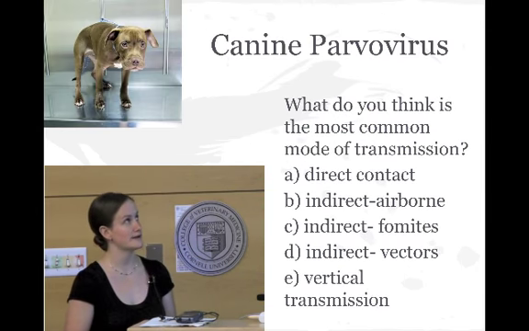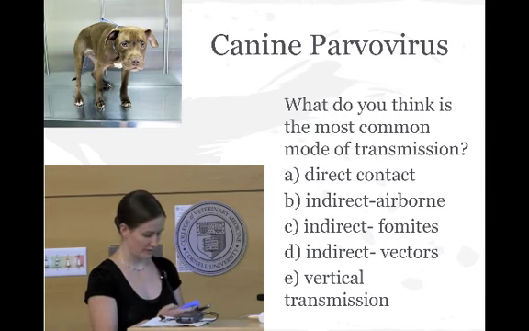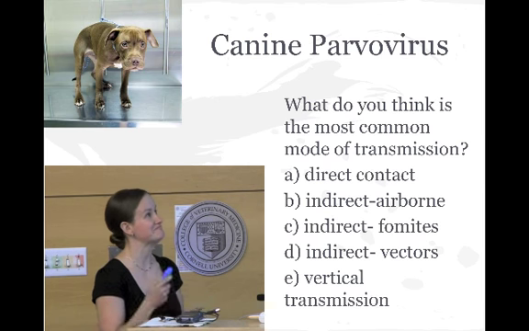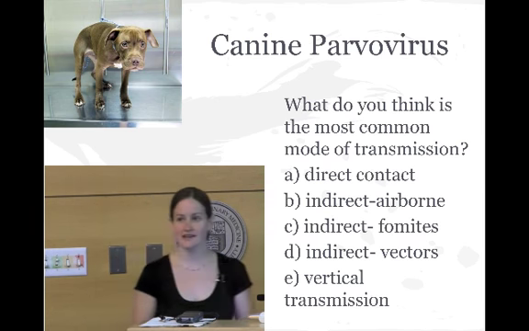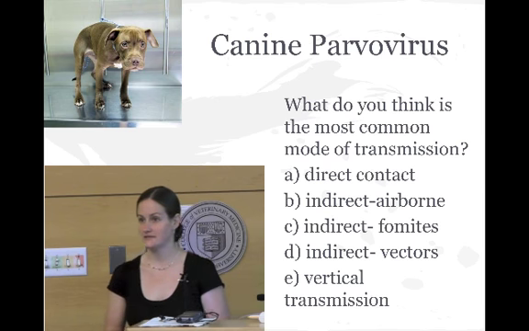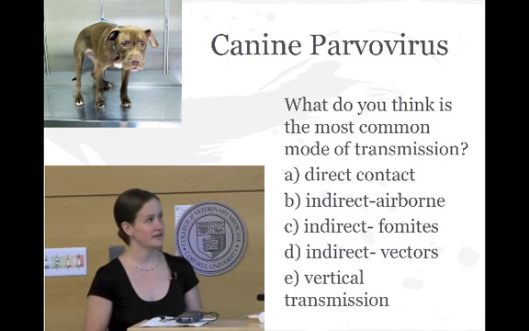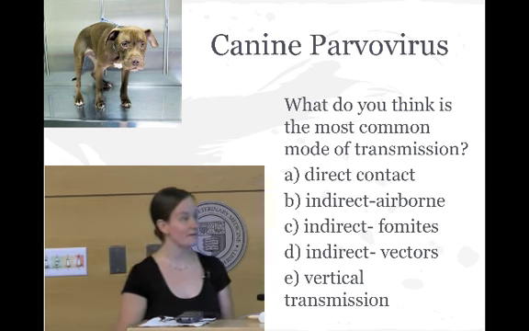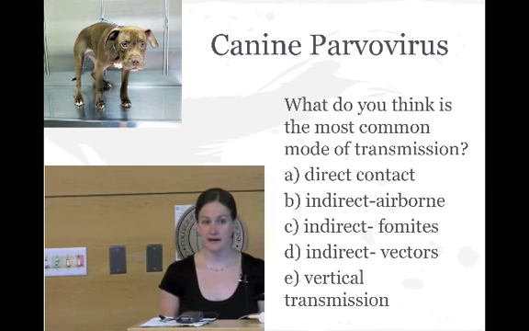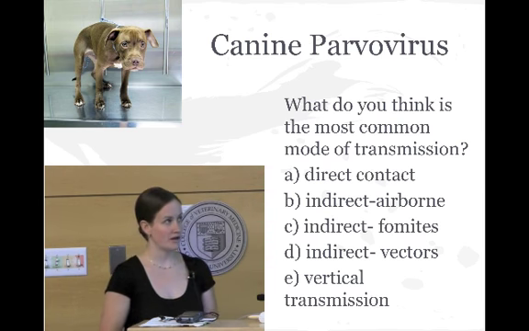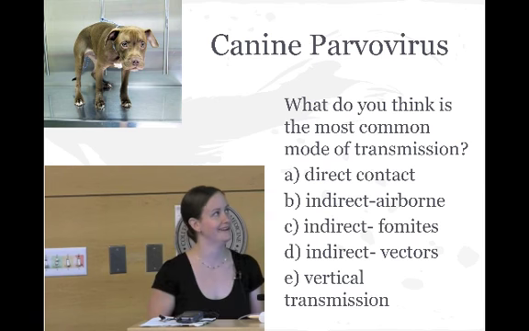So let's move on to the next one. How many of you are familiar with parvovirus? Good, it's a very, very important disease, especially in puppies. It tends to cause really bad diarrhea and can even kill poor puppies.